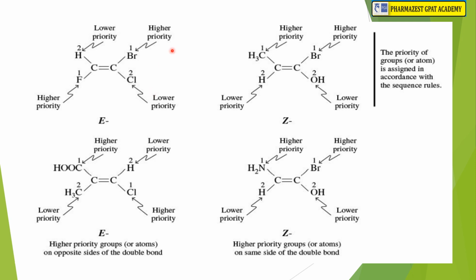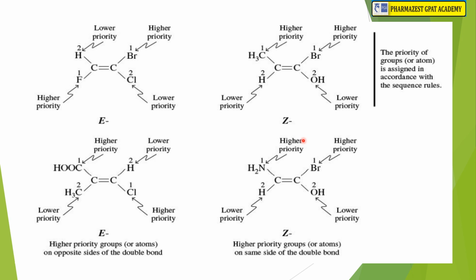Well, coming to this example, here see the 1 and 2: bromine 1 and oxygen 2. So here if we see, higher priority numbers are present on the same side of the plane and lower priority numbers are present on the same side of the plane. This is known as Zusammen, that is presence of highest priority numbers on the same side of the plane.